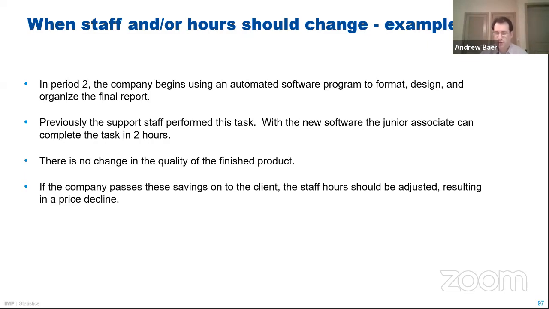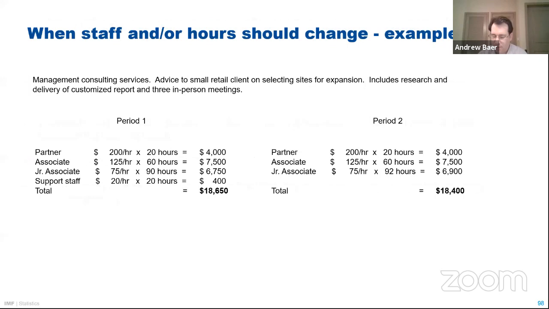It's just that now they can produce it using fewer staff hours. If the company were to pass those savings on to the client, the staff hours should be adjusted, resulting in a price decline. Because if the company is able to provide the same quality of final service and they charge less for it, we need to show that as a price decline.